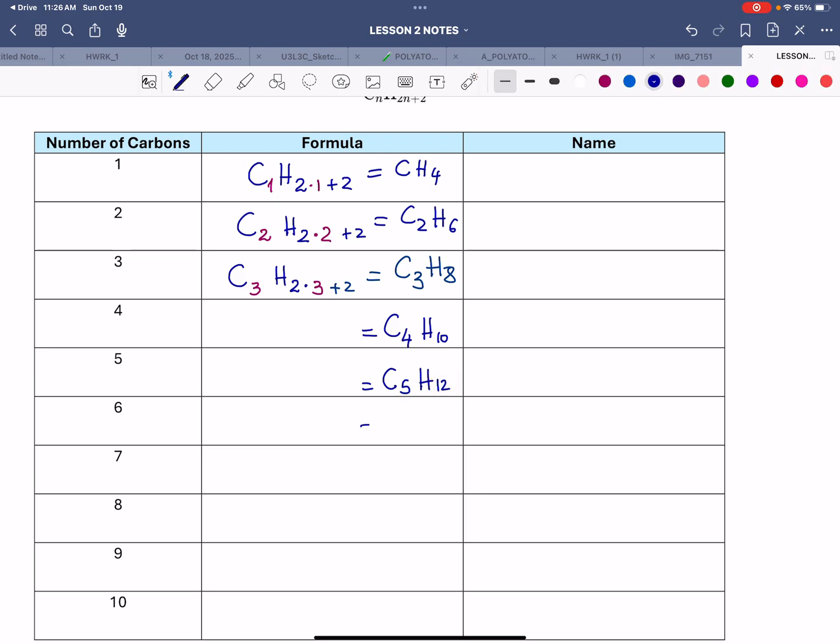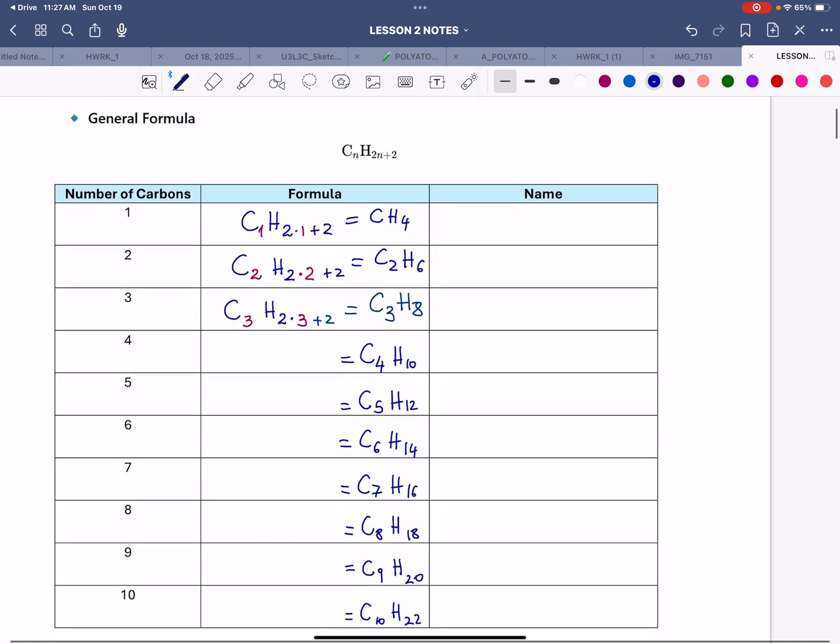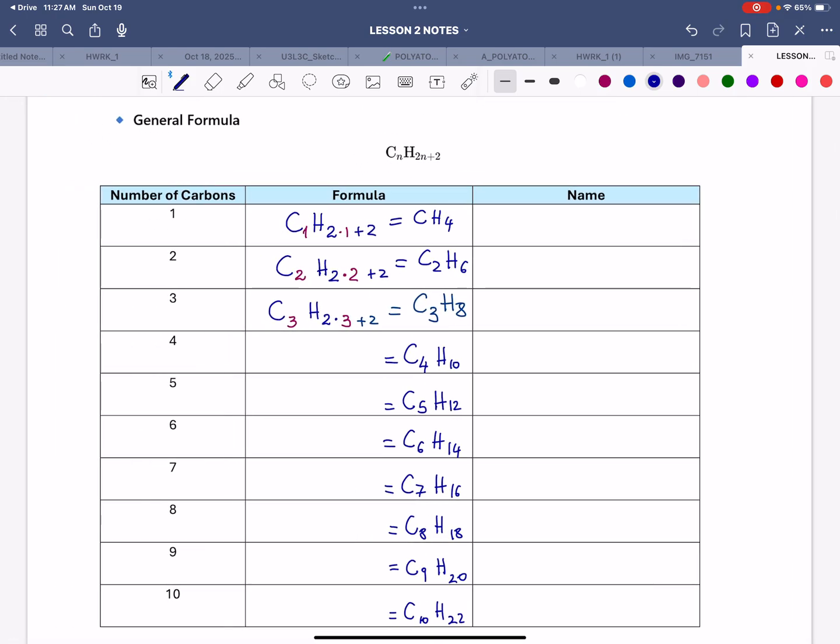Next we have C6H14, then C7H16, C8H18, and C9H20, since 9 times 2 is 18 plus 2 is 20. And then C10H22.